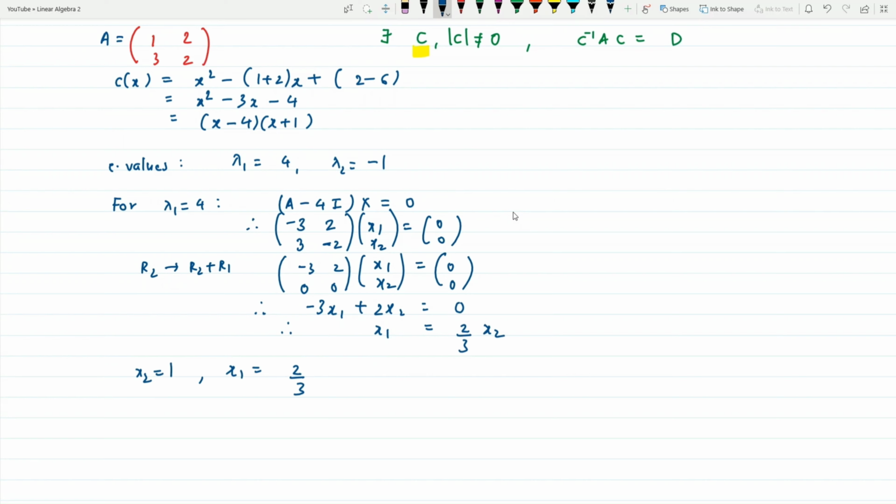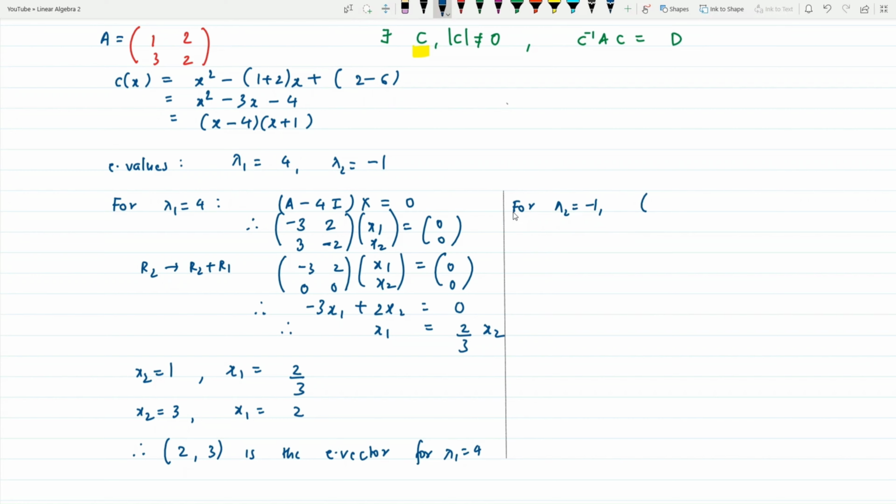Now just in case I want to avoid fractions, let me take x2 as 3. In this case x1 will be 2, and therefore 2, 3 is the eigenvector corresponding to lambda 1 equal to 4. Similar calculations for lambda 2 equal to -1 give us that -1, 1 is the eigenvector corresponding to the second eigenvalue.